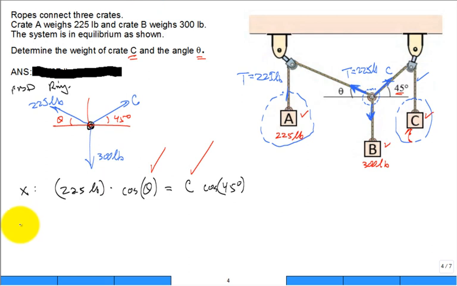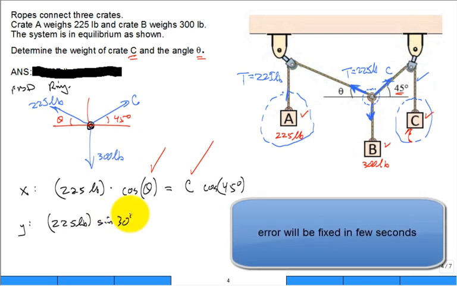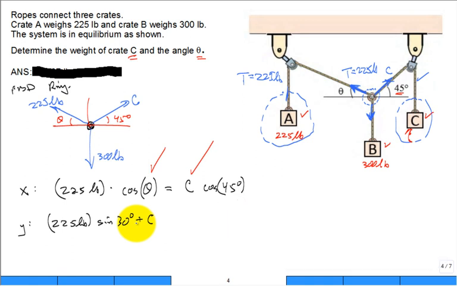Okay, so my other equation, sum of the forces in the Y. So I'll have pulling up 225 pounds times sine of theta, plus pulling up the tension in that other cable connected to crate C, so the weight of crate C is the tension in that cable, times the sine of 45 degrees.